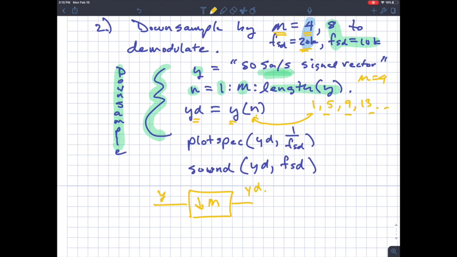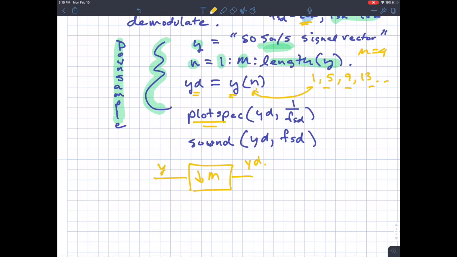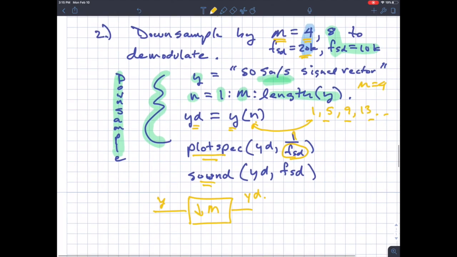If you look at the spectrum of that, your new sampling rate is now FSD. So you type plot spec yd 1 over FSD, and you should see what looks like the original spectrum. You can also listen to it by playing it back with the sound function. I want you to do that for both downsample rates.